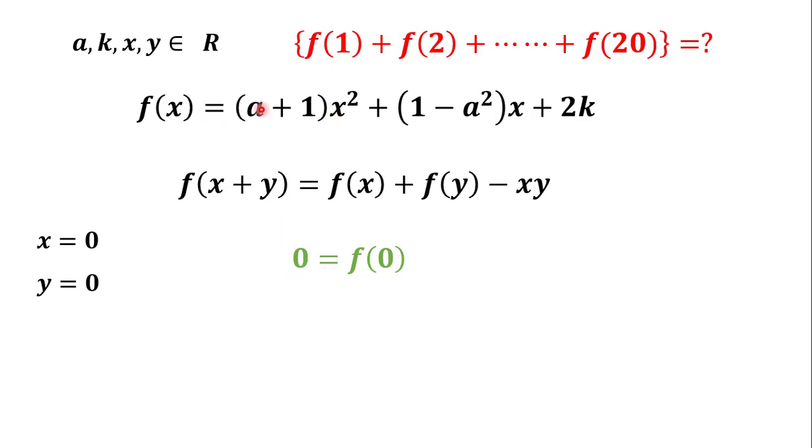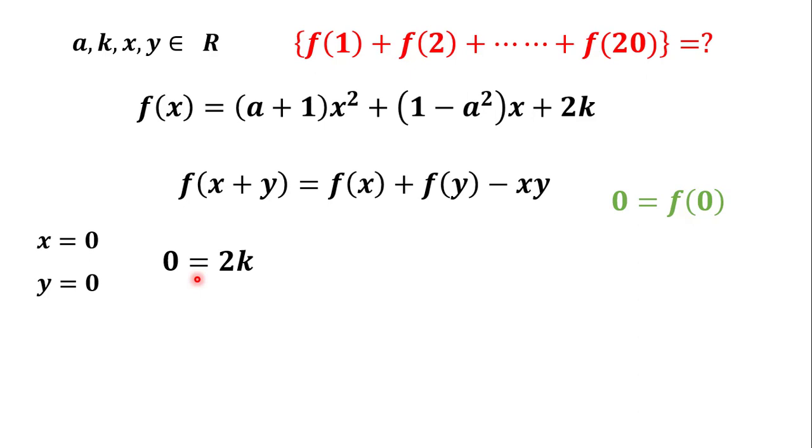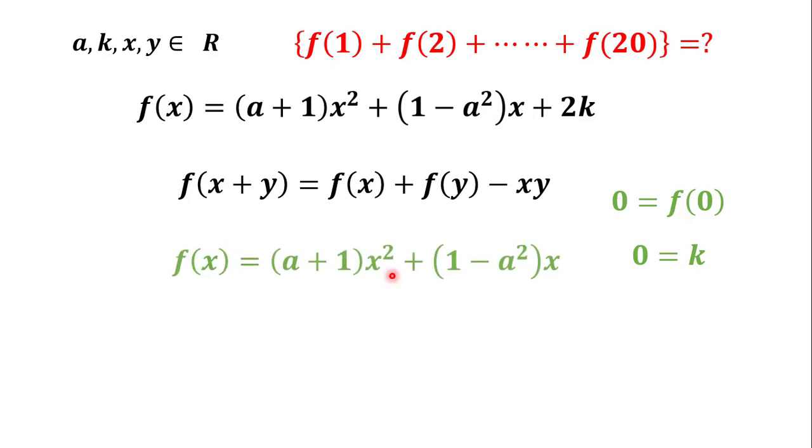In the next step in this expression we put x equals 0, and we're going to get 2 times k equals 0, or k equals 0. So this equation becomes f of x equals a plus 1 times x squared plus 1 minus a squared times x, because k equals 0.